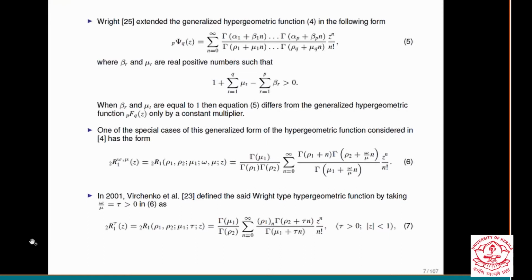Then we define the extended generalized hypergeometric function in equation number 5.